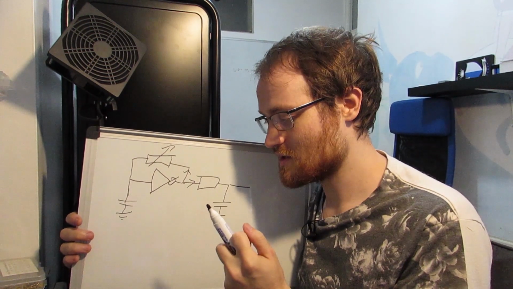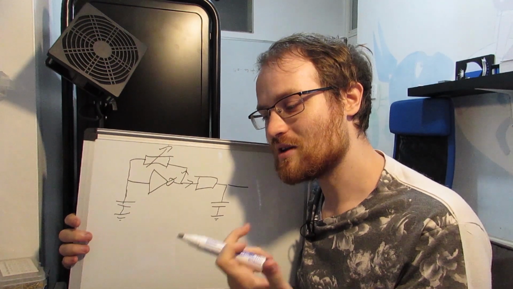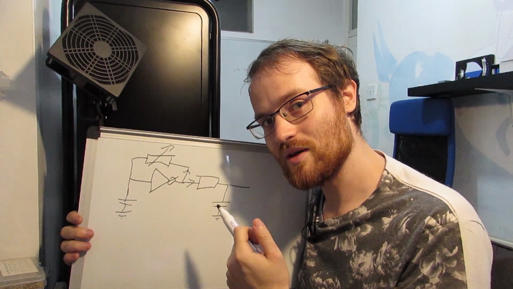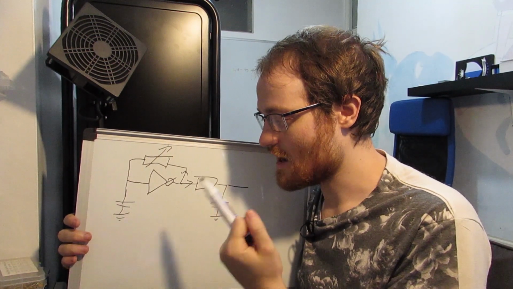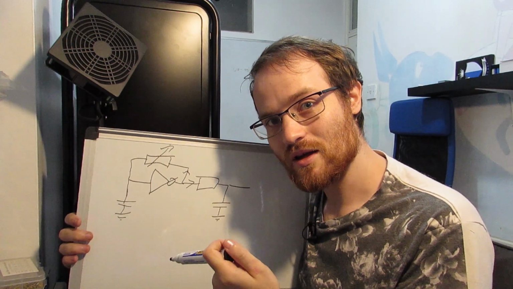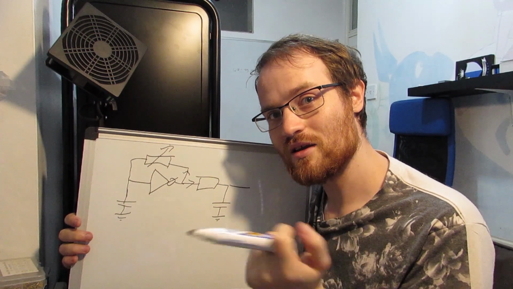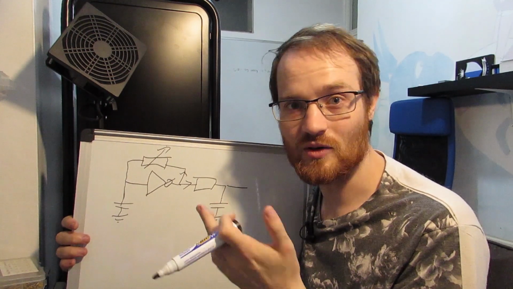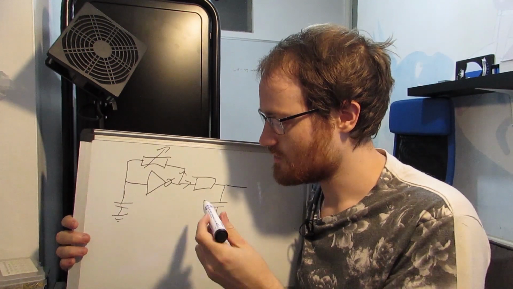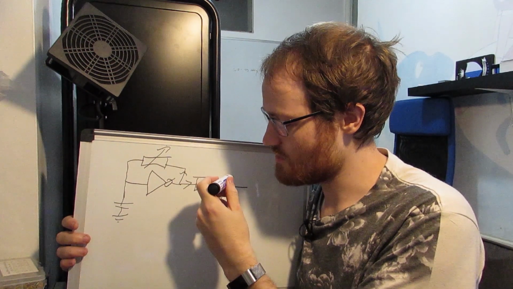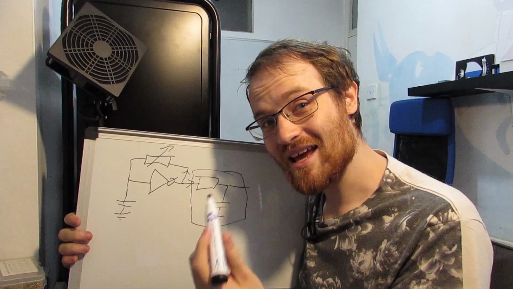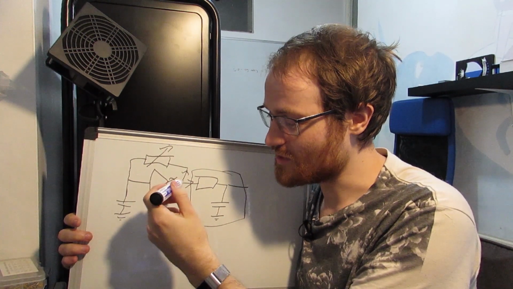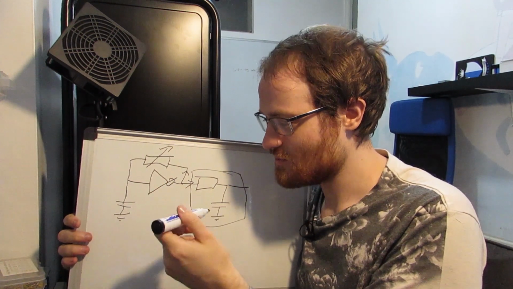The input impedance of this circuit is too low. Generally speaking, when we're talking about input and output impedances, if you're transferring voltage, which we are, you want the output impedance to be very low and the input impedance to be very high compared to whatever it's driving or being driven by. So we want the combined impedance of this part of the circuit to be at least 10 times more than the output impedance of this, which it probably is.